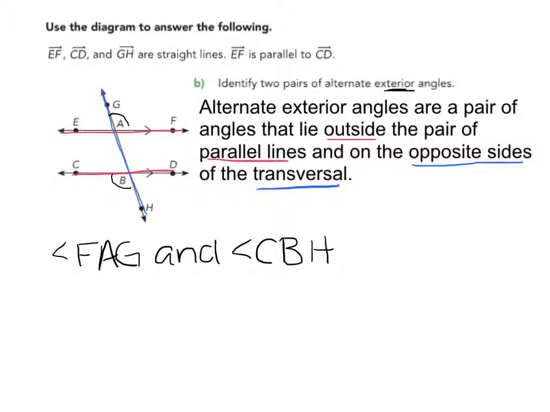And my other set, again I will outline in purple, will be on the outside of my parallel lines and on the opposite sides from each other. So that gives me angle EAG and angle DBH. So those are my two pairs of alternate exterior angles.